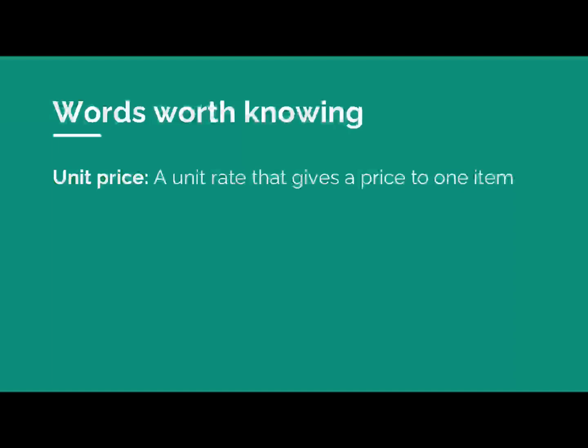So one can in each pack, what one can of each pack costs. So if you need to buy multiple packs, like say you're having a party or something, this is going to tell you in the long run, after you buy multiple packs, which one is actually going to be the better deal, which one is going to save you money. So again, unit price is a unit rate that gives price to one item in a group, okay?